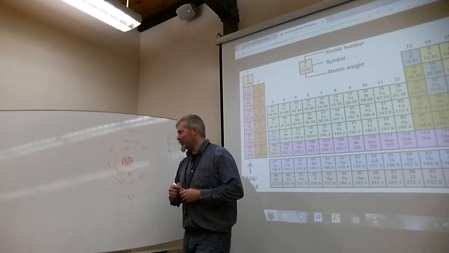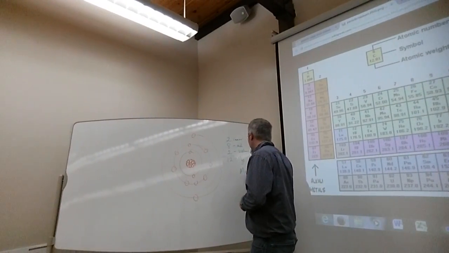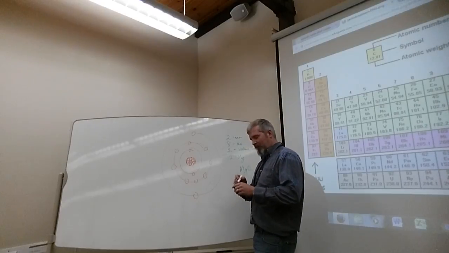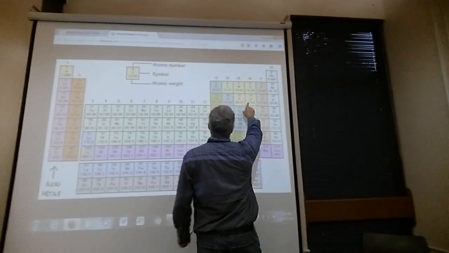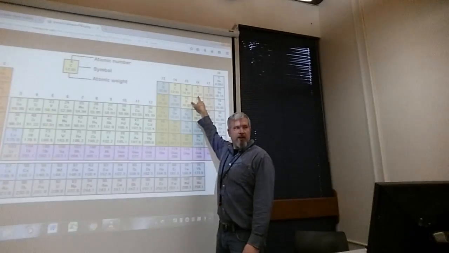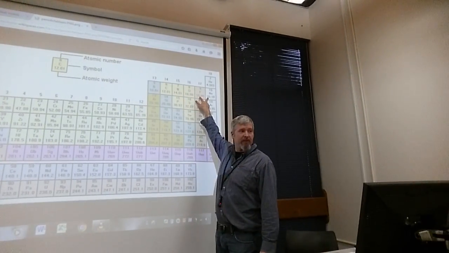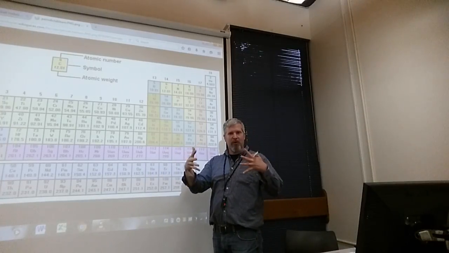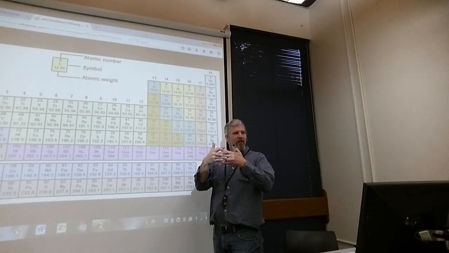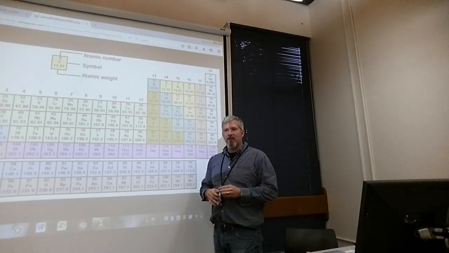Oxygen's a really good one. We have this form all the time: magnesium oxide. On this side we have 6 valence, and it has 2 spots available. Those 2 spots fit perfectly over there. So those 2 atoms come together and share them, and now we have magnesium oxide.